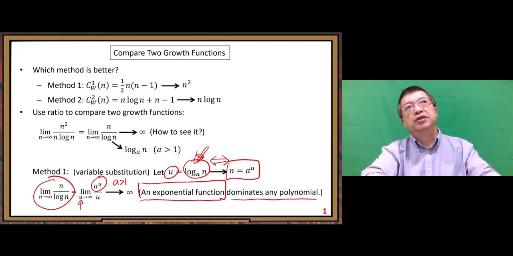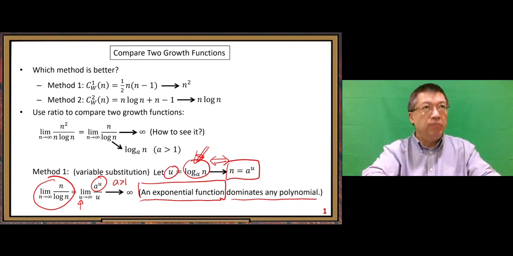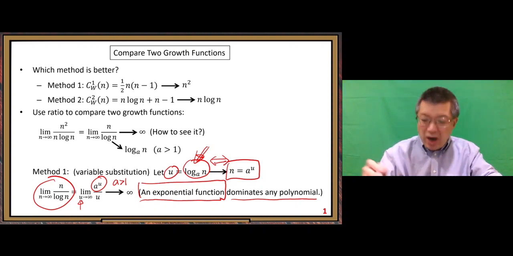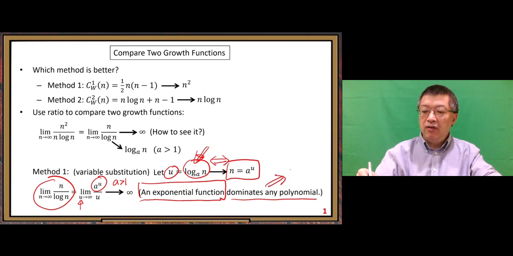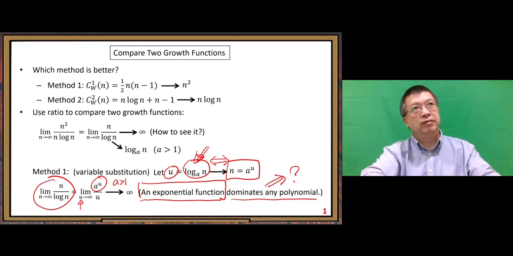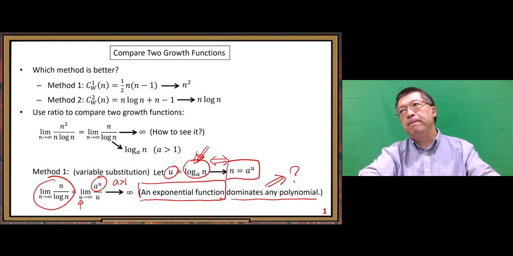So if you know that basic fact, then you can get your answer. But I believe many of you may not know why it is true, right? We want to prove it. So here I can prove it. After we prove it here, next time you can use it without any hesitation.